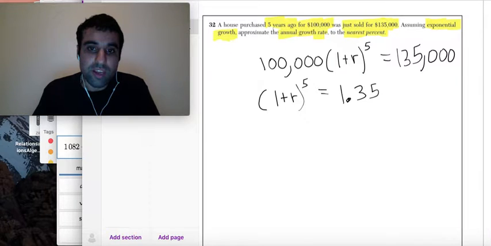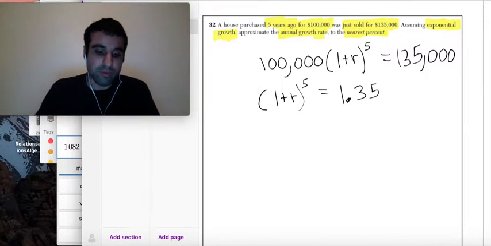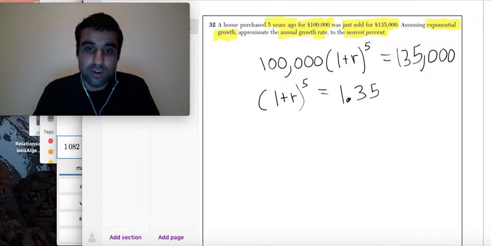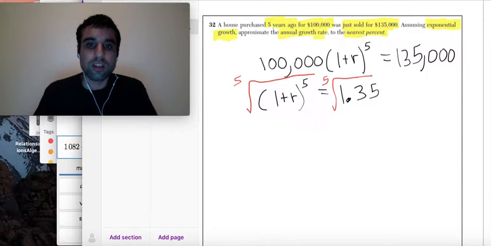Now, you could either raise both sides to the 1/5 power, or you could take the 5th root on both sides. Usually when we're thinking of exponential models we end up using fractional exponents, but let's just keep it simple.